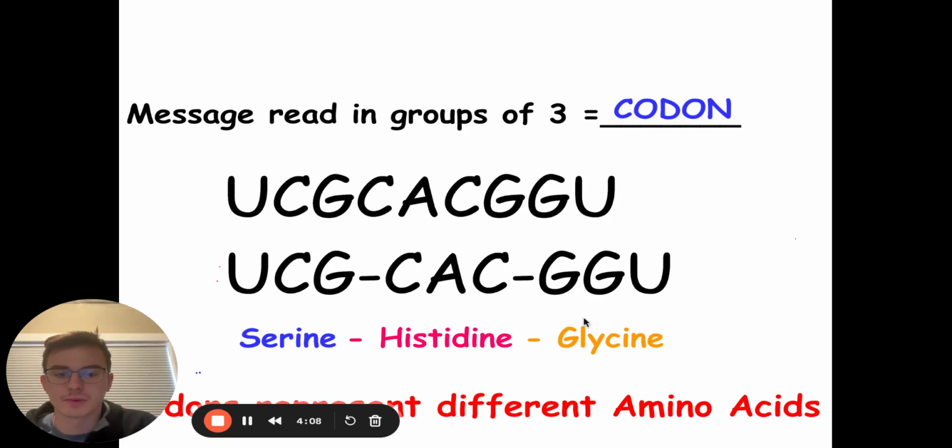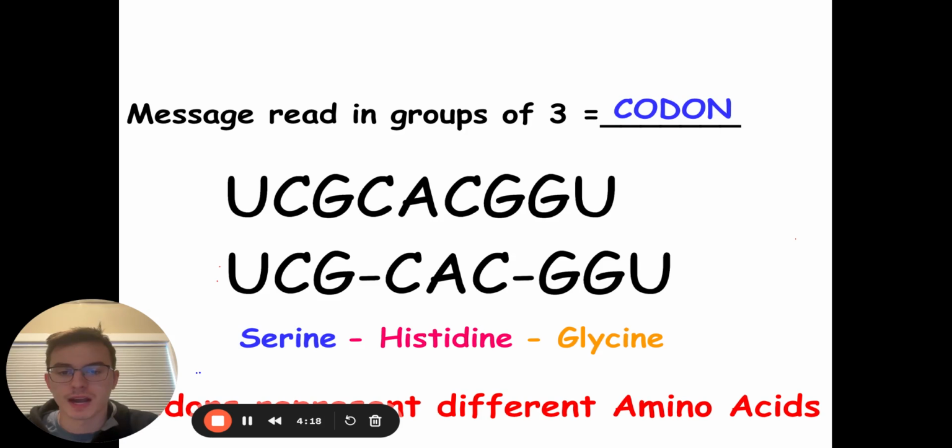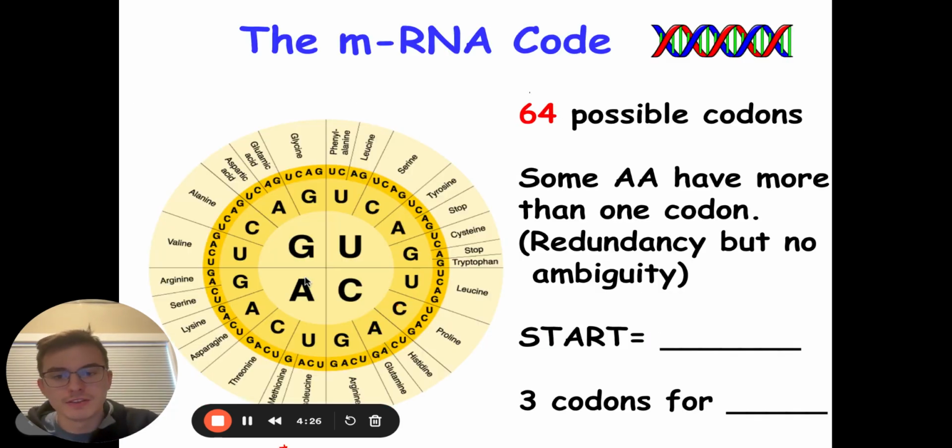And so we can actually figure out how they got these right here. How these were put here is based on this code right here, this long wheel. This wheel is in the back of your packet as well. So let's go back. It says we have UCG, and they're saying it turns into serine. Well, we can use this wheel. UCG, serine.